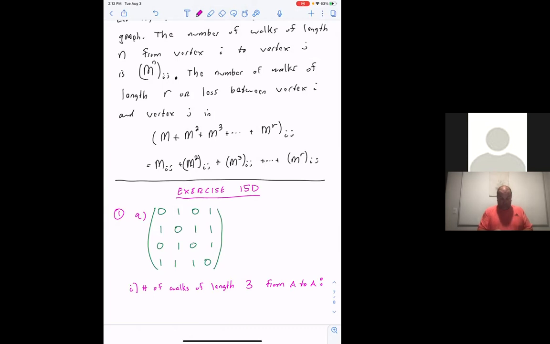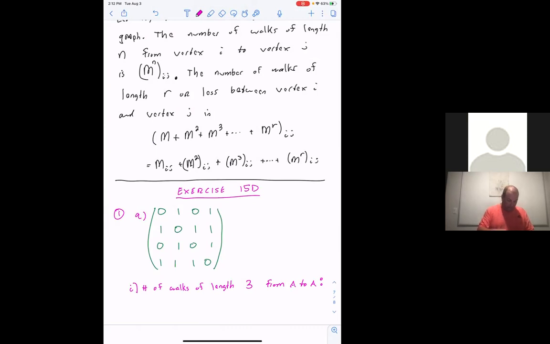So I'm going to first edit a 4x4 matrix, 0, 1, 0, 1, 1, 0, 1, 1, 0, 1, 0, 1, 1, 1, 1, 0.